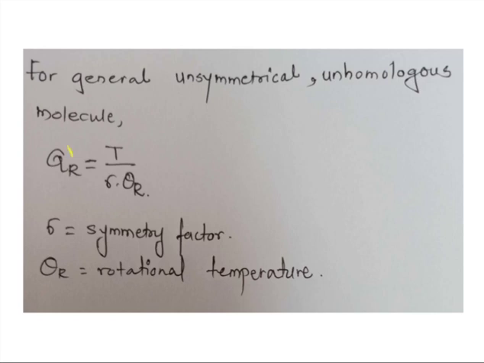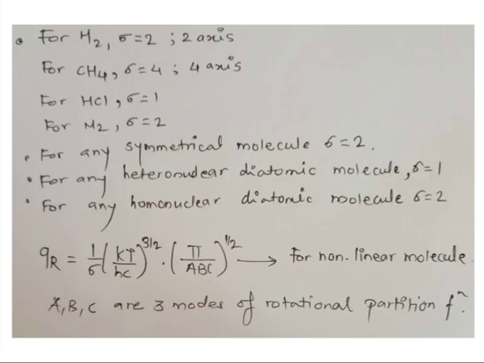So this is the definition of QR, the rotational partition function, which is equal to T upon sigma into theta R.